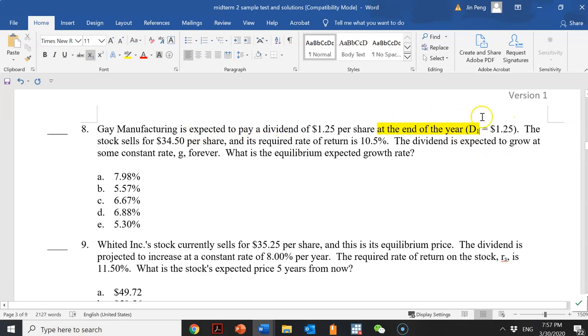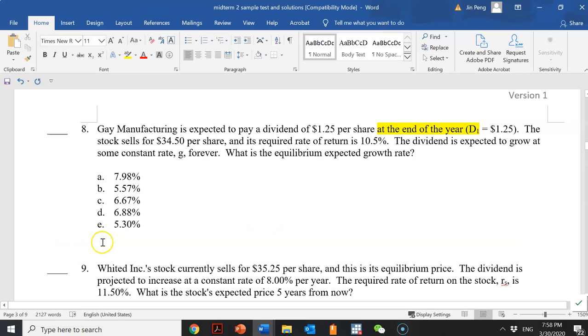The stock sells for 34.5 per share, so we know P0. Required rate of return R is 10.5%. Dividend is expected to grow at some constant rate G forever. What is the equilibrium expected growth rate? So we are looking for G here.